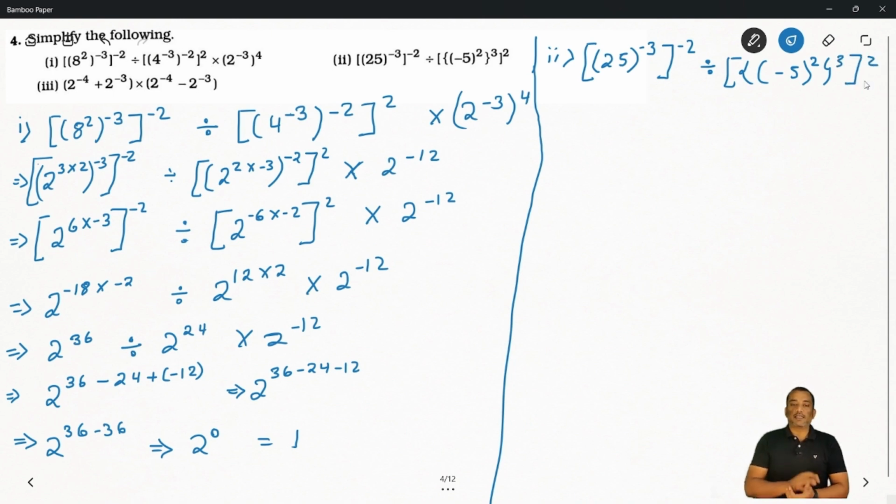So again you can say both terms have different bases, so we can bring them into base 5. Okay, so how can we bring them into base 5? So you can see 25 is a square of what? 5. So we can say this one is equal to 5 square. Okay, 5 square, and we can remove the small bracket. So the small bracket we will remove. So what will happen?